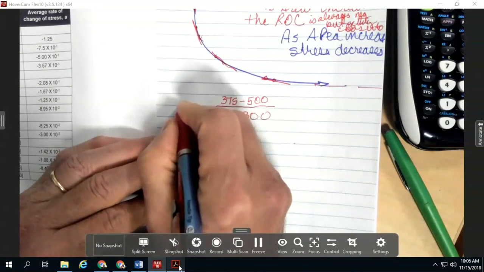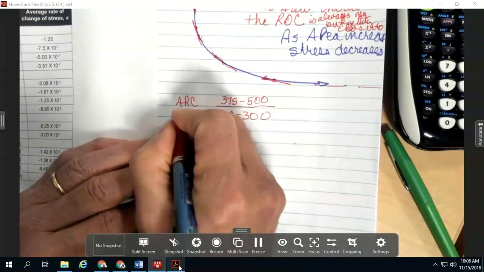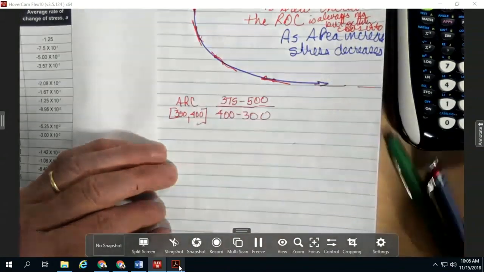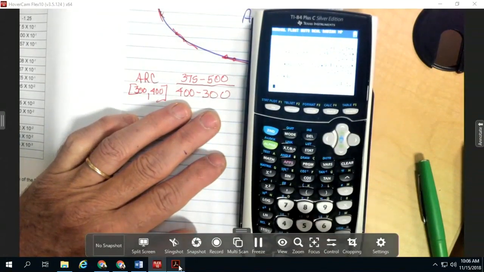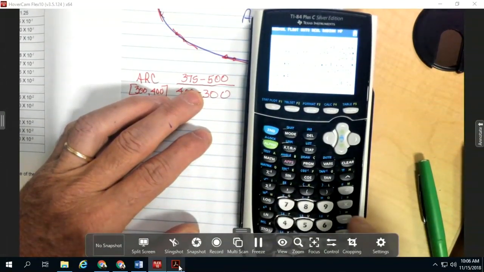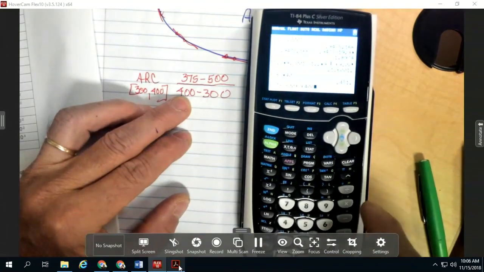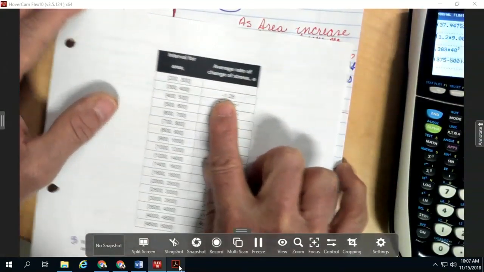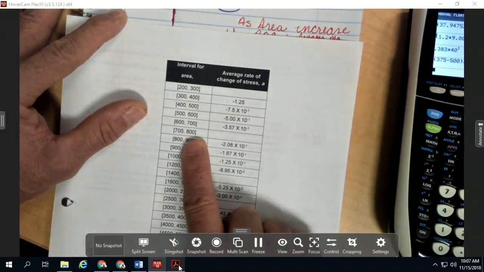So on my calculator, the average rate of change for the interval from 300 to 400 was, parentheses, 375 minus 500, divided by, parentheses, 400 minus 300, which doesn't surprise us that it's a negative number, and it is negative 1.25.